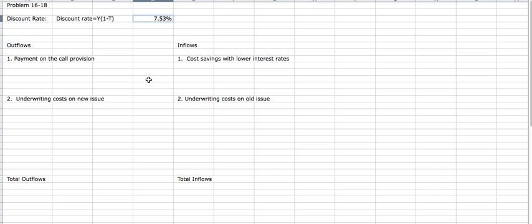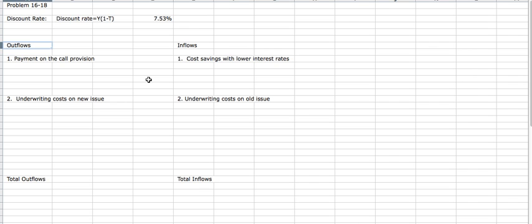The next thing we need to do is calculate the outflows associated with refunding this. And there are a number of outflows. First, probably the largest outflow is the payment on the call provision.